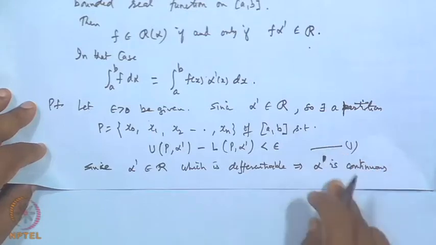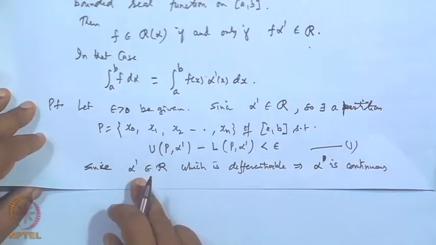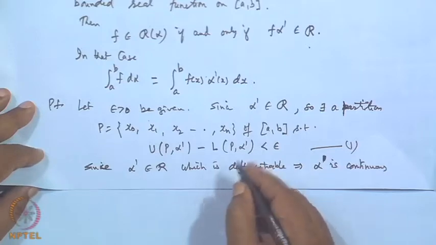Since alpha dash, the derivative of alpha, exists, alpha must be continuous, otherwise we cannot talk about the derivative.